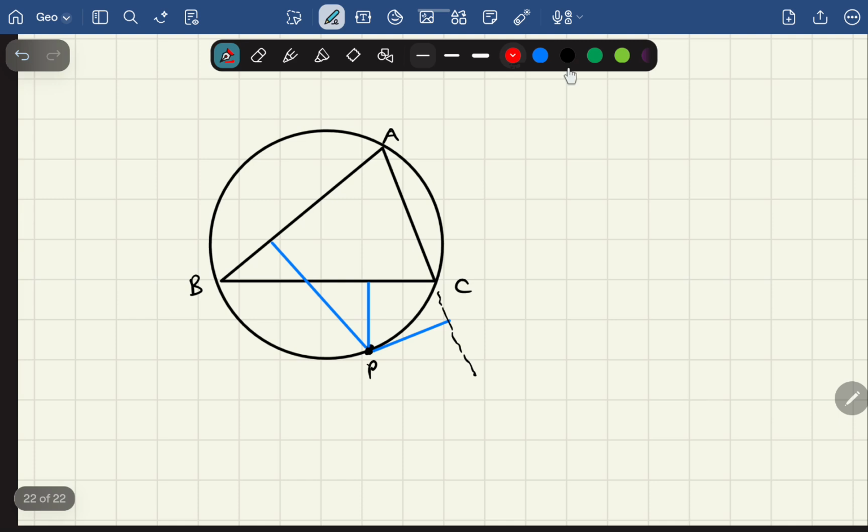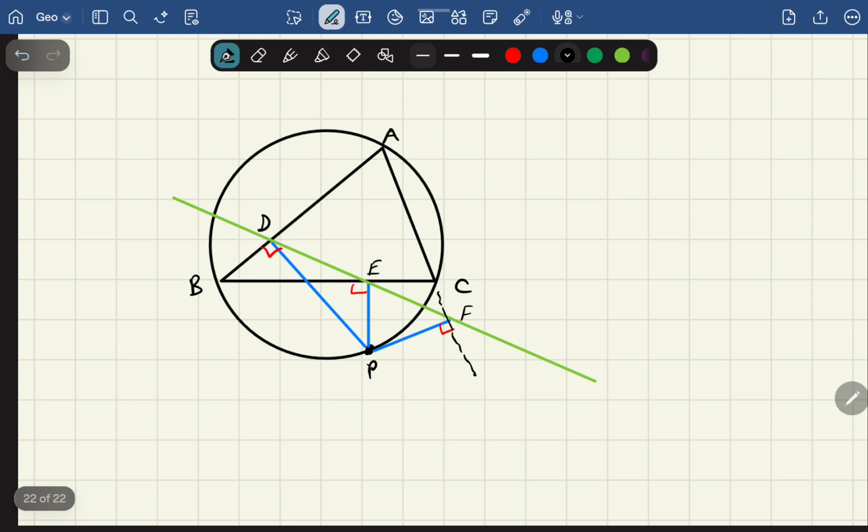So these are all right angles. It turns out that these 3 points lie on a straight line, and our goal today is to prove it.